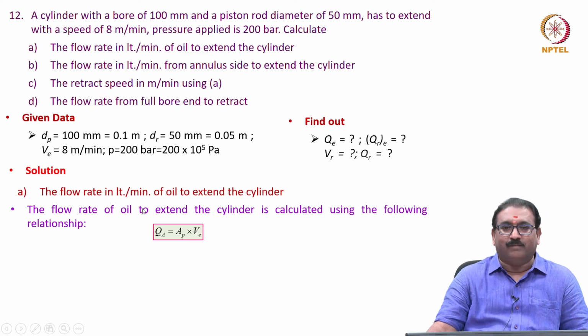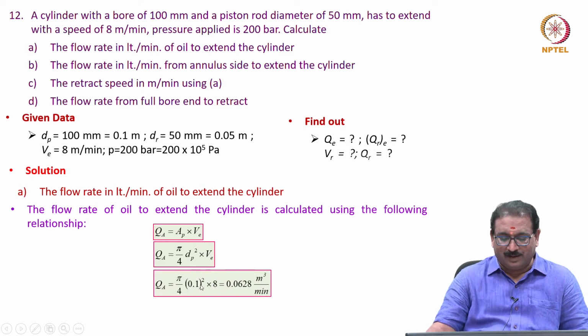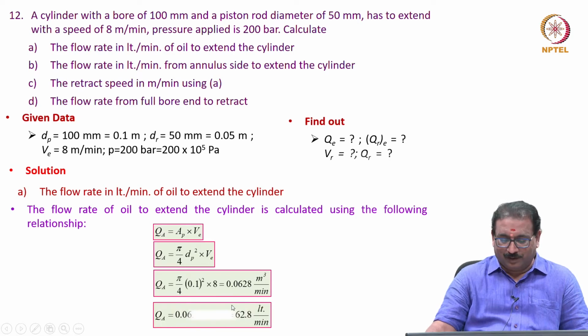During the extension, QP equals AP into VE, which means pi by 4 dP square into VE. All the parameters are given, substitute the values, you will get 62.8 liters per minute. You will get m cube per minute, then convert it into liters per minute by multiplying by 1000.